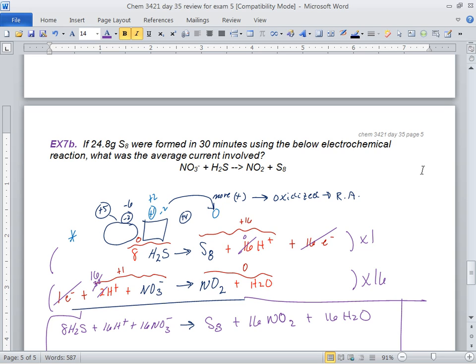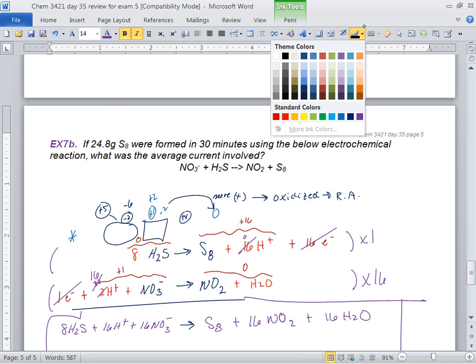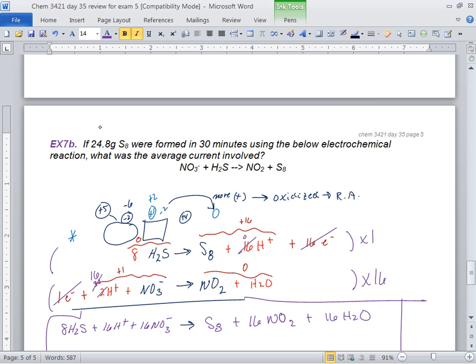All right, but the point is what you need is there, because you start out with 24.8 grams of S8. Is that confusing? The 24.8 grams of S8. And you want to convert all the way to what?